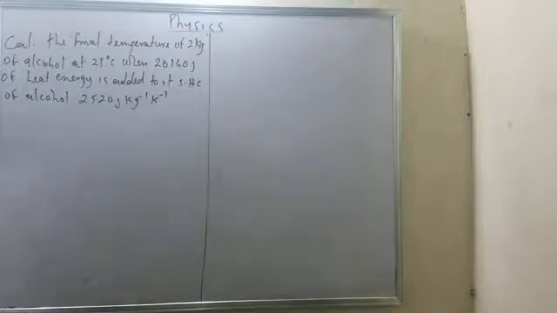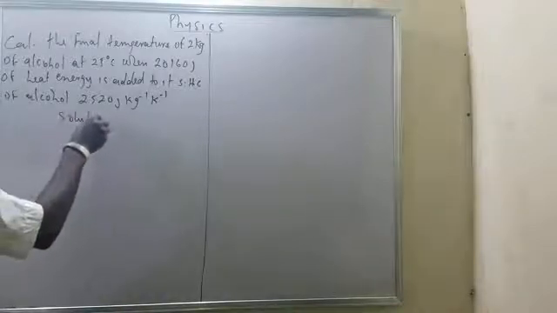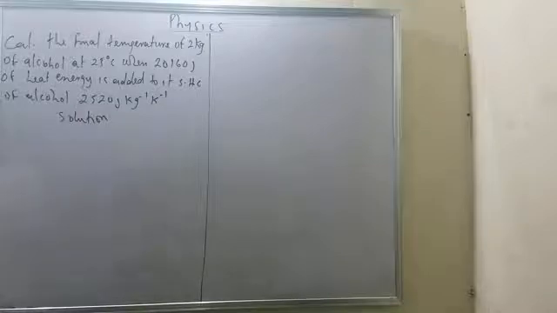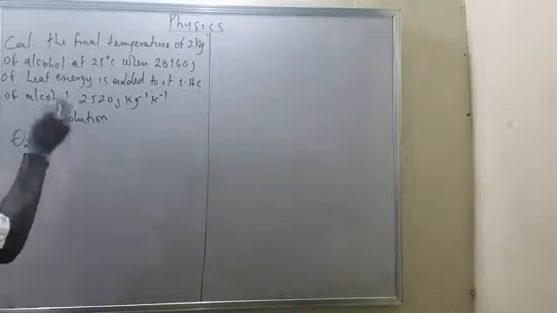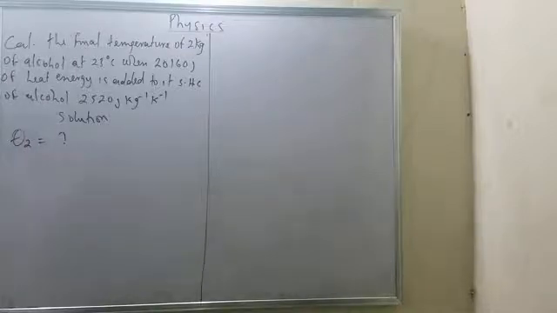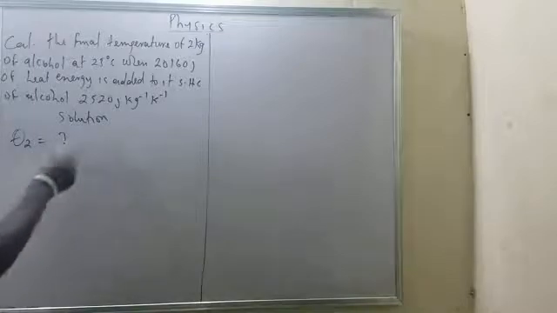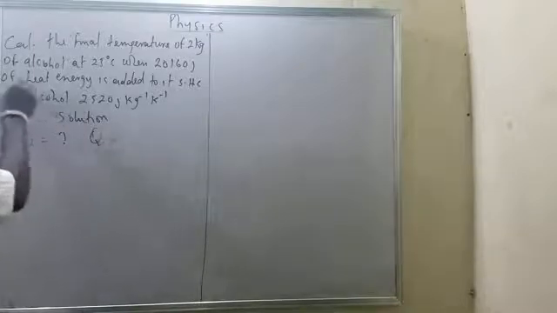Now, I have this type of problem. How do I solve it? Solution to this question. The first thing, I'm looking for what? Final temperature. It means my theta 2 is the question mark. I don't know it, but other things are given. I have my quantity, which is energy required.